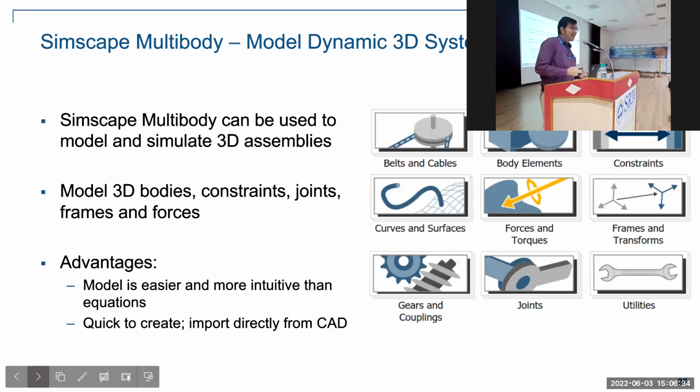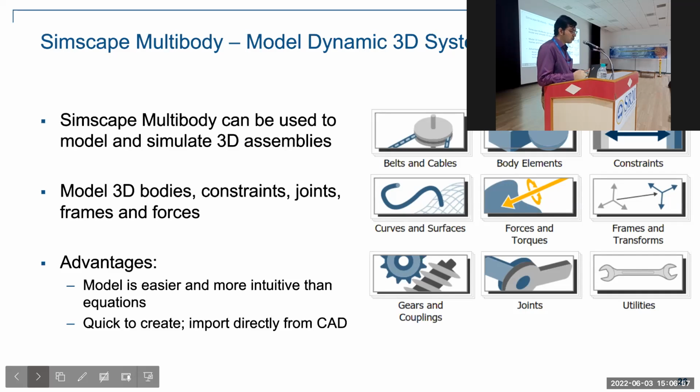MATLAB has an environment where you can model this sort of mechanical system. There is a tool known as Simscape Multibody. Using Simscape Multibody, you can model dynamic 3D systems. In this tool, you will have body elements, so you can build legs. There are joints, so you can build places where it can move and rotate.